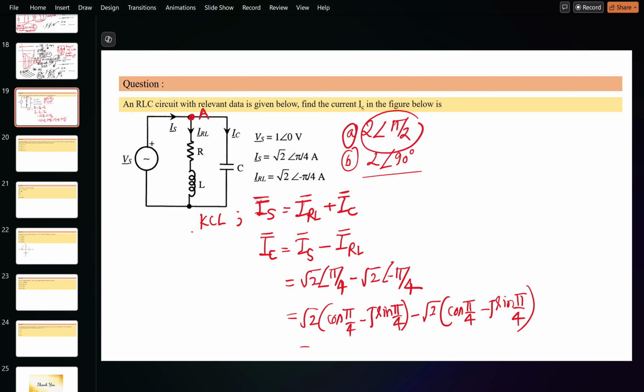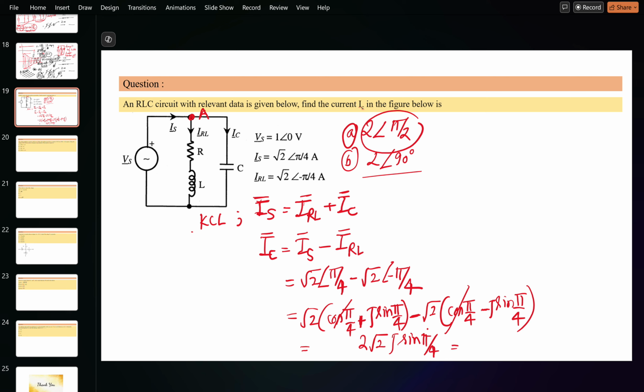When you subtract both terms, the cos terms will get cancelled out. The sine terms will add, so it will become 2 root 2 times j sine pi by 4.